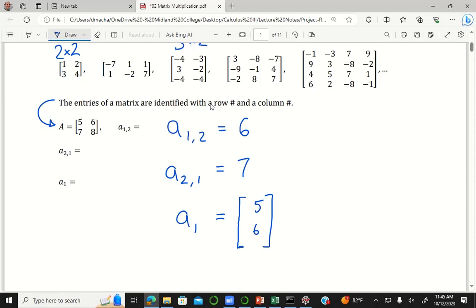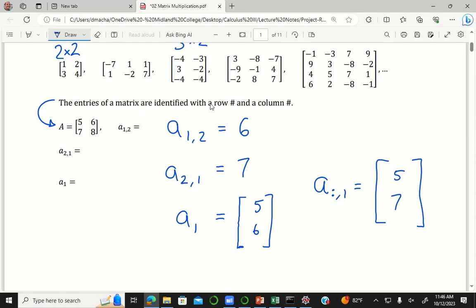And if I were to use this notation, where the subscript is colon, comma, 1, this is talking about the first column. And that's kind of weird.